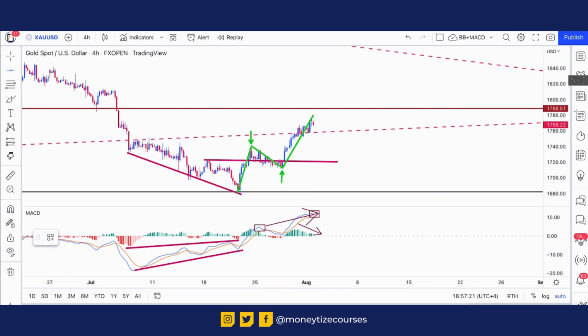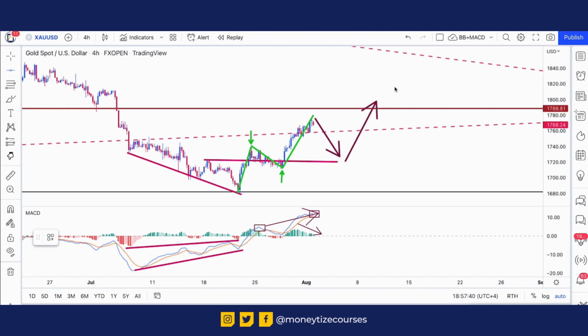So I'm anticipating a pullback into this area. It will take support somewhere here and then start rising.